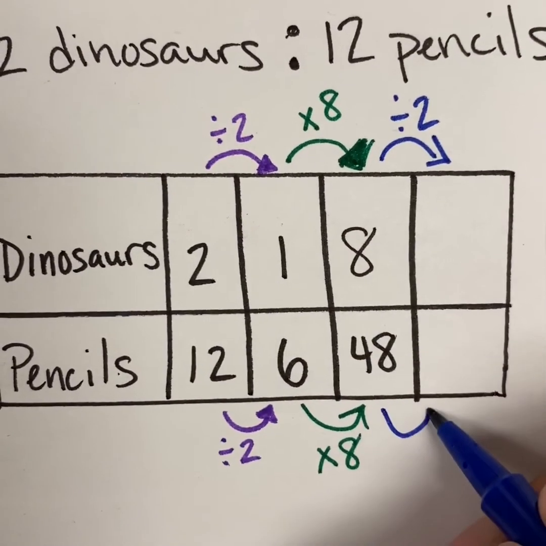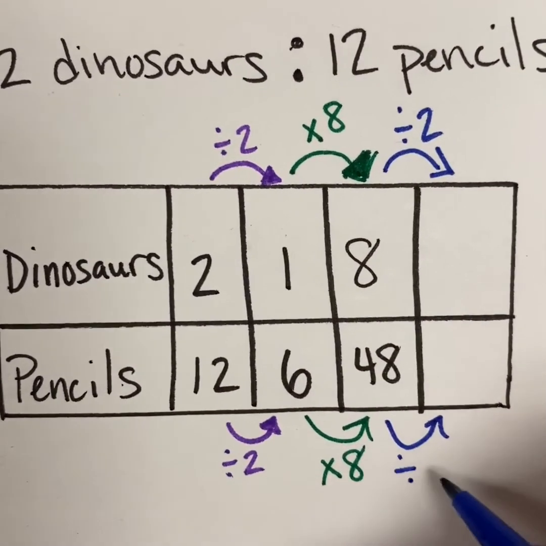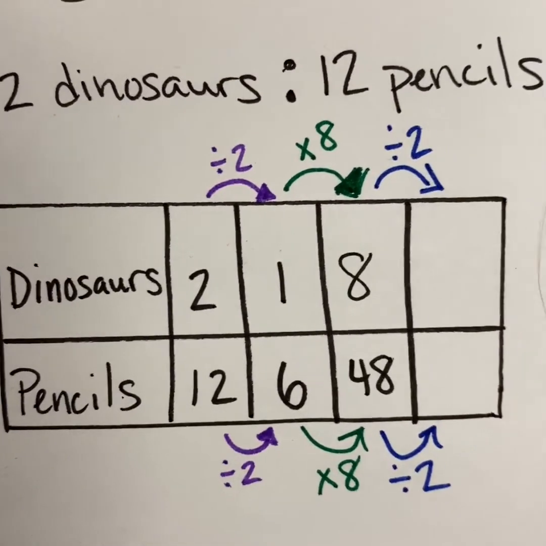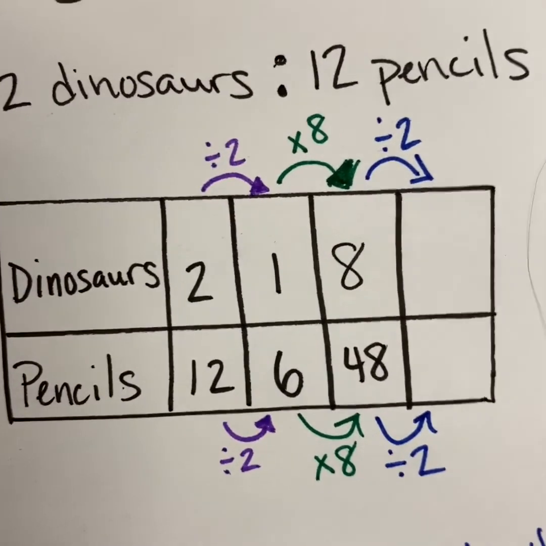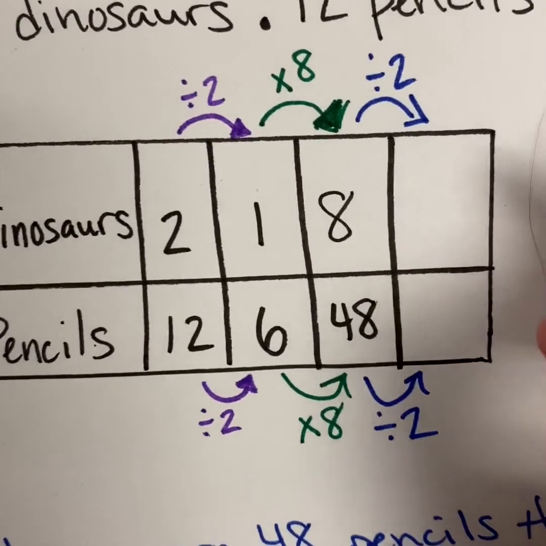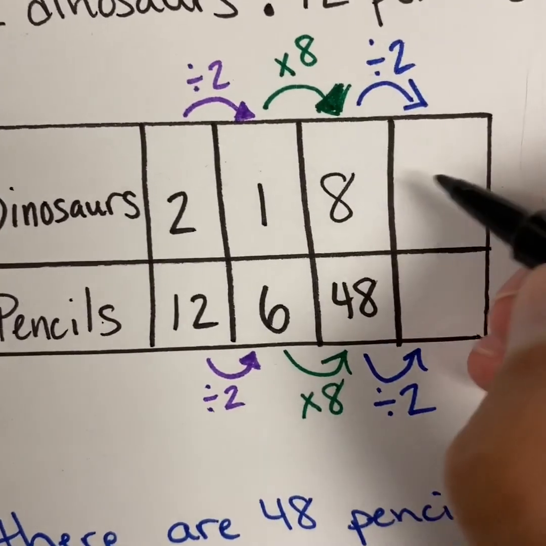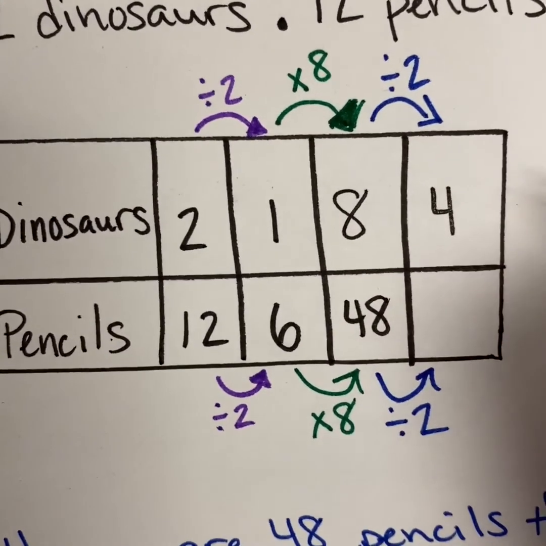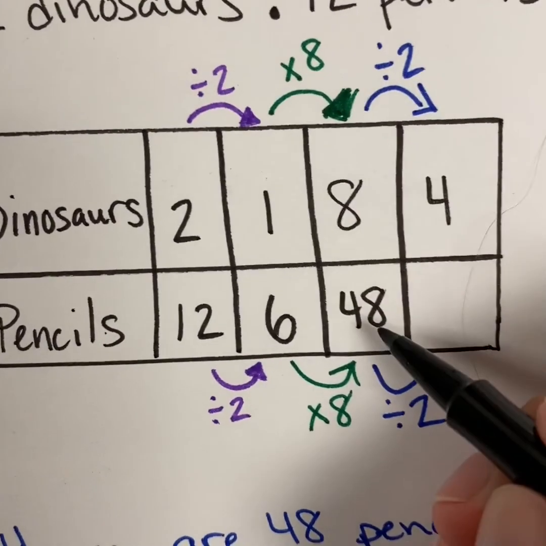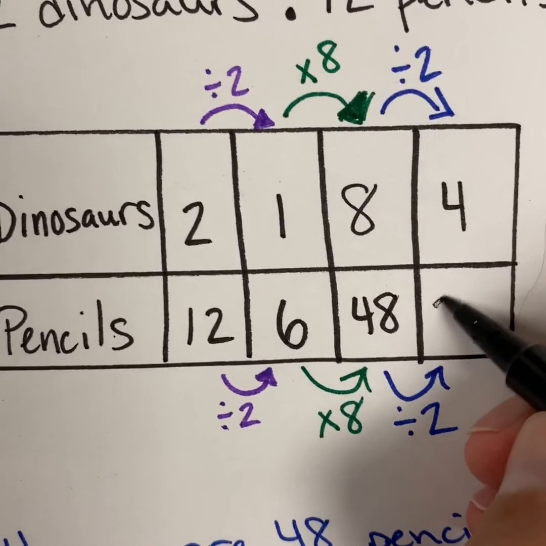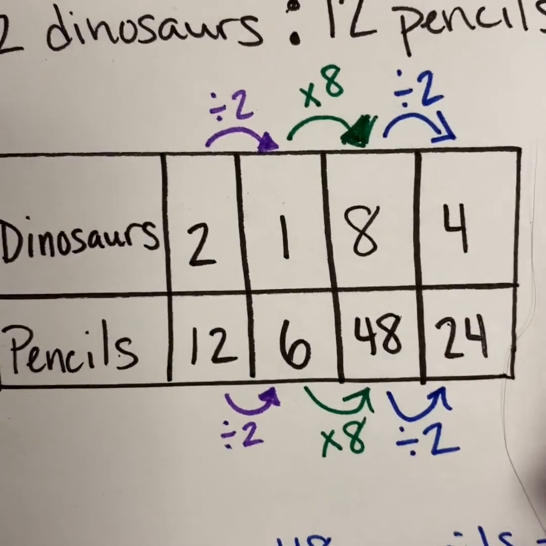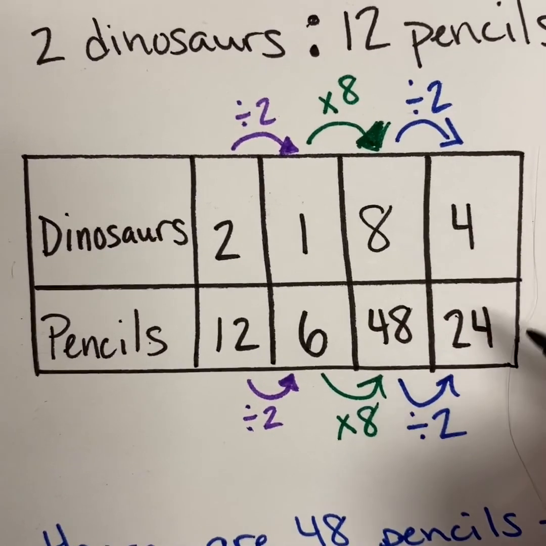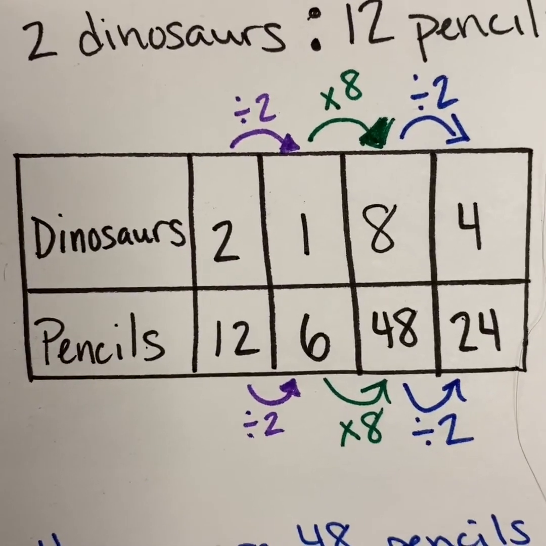So we're going to divide 8 by 2, and we're going to divide 48 by 2. 8 divided by 2 is 4, and 48 divided by 2 is 24. So if there were 4 dinosaurs, there would be 24 pencils. And that is an example of a ratio table and how you can use it to solve a word problem.